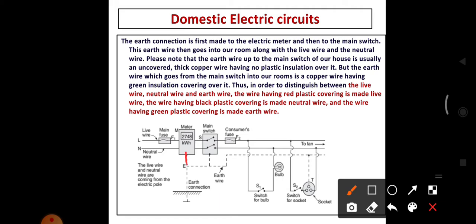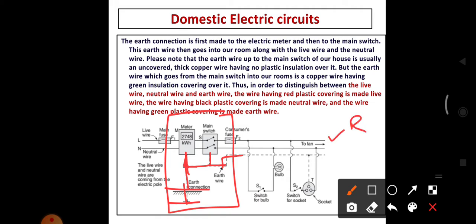The earth connection is first given to the meter box and main switch, and this earth wire is connected to the copper plate, and the copper plate is buried in the ground. Up to this point the earth wire does not have insulation, but when it comes out from the main switch, it has green insulation, the live wire red insulation and the neutral wire black insulation. For identifying the wires, we give some insulation.